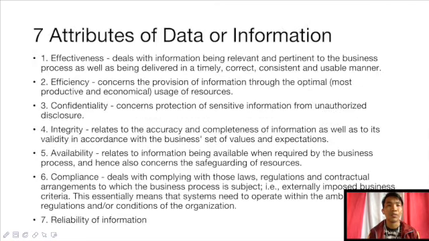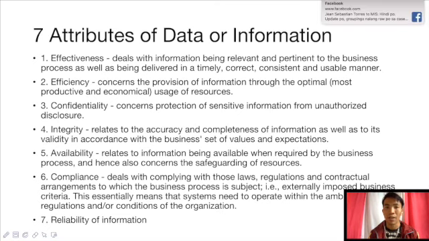The 7 attributes of data or information that I was talking about that relate to information systems and information technology, and how we are going to look at it to ensure that the organization attains its goals and objectives, include, and are not limited to these.